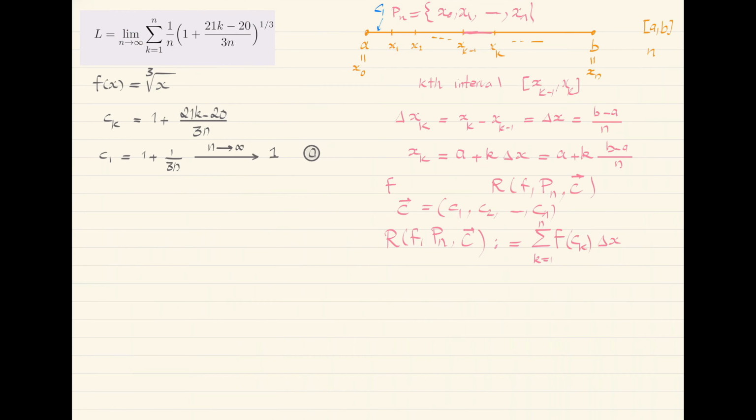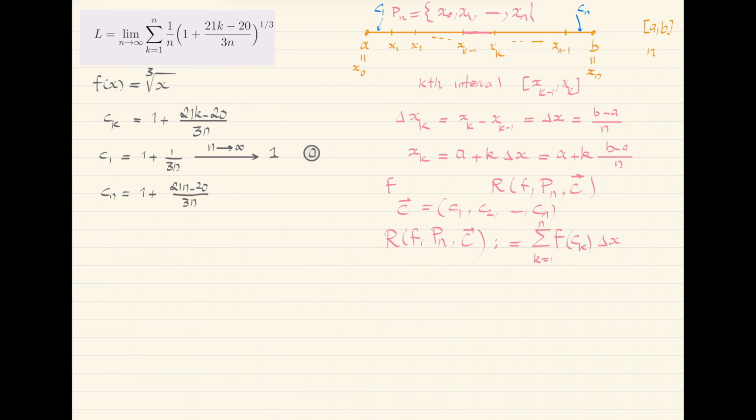With the same logic, if I want to find b, I have to think about c_n. Why? Because if you look at the last interval here, this is x_{n-1}, c_n lies somewhere here. With the same logic, if I make n very great, x_{n-1} is getting closer and closer to b, and c_n should also get closer and closer to b. So if I calculate c_n by replacing k with n, I get 1 plus 21n minus 20 over 3n.